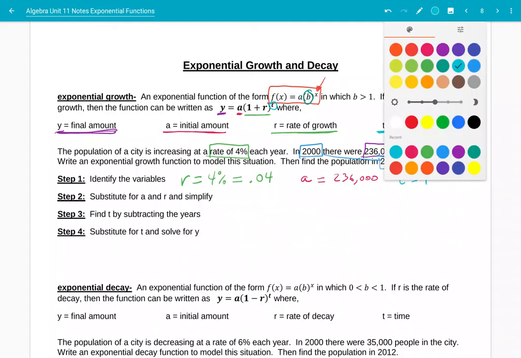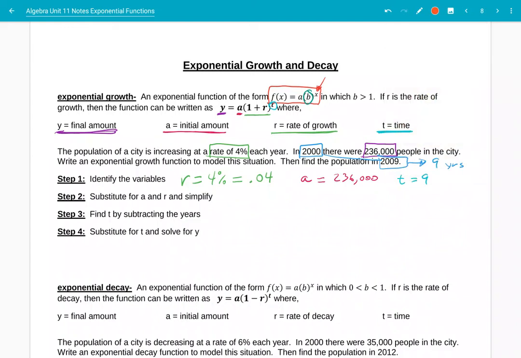Okay, we're going to substitute for A and R and then simplify. So I'm going to do all this in orange here. Okay, so we're going to write Y equals, now A was 236,000.